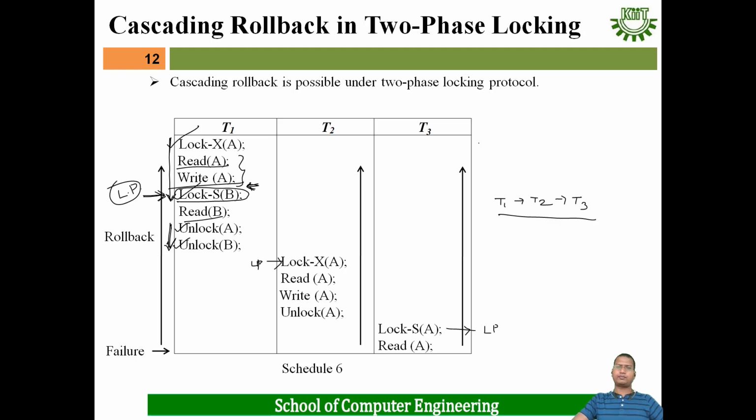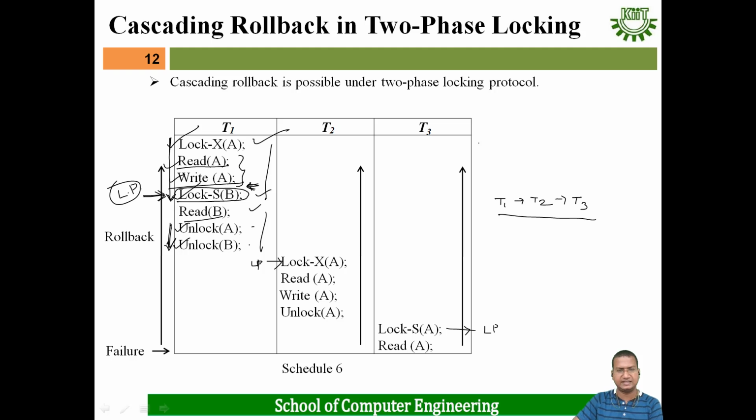Now, another problem is that cascading rollback may be present in the case of the two-phase locking protocol. Suppose here is another schedule 6 with transactions T1, T2, T3. Suppose here we have applied lock X on A, then read and write A, then lock S on B, read B, then unlock A, unlock B. The two-phase locking protocol is correctly applied: this is the growing phase and the shrinking phase.